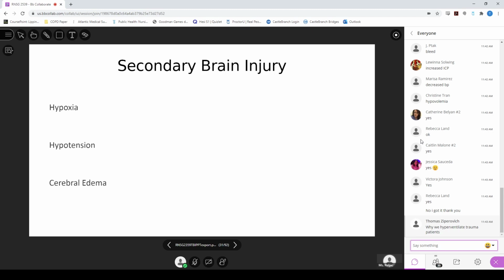Okay, hypotension. So that's a little deeper, Thomas, talking about hyperventilating trauma patients. That's done to be able to maintain and manipulate their gases on what's going on with them.